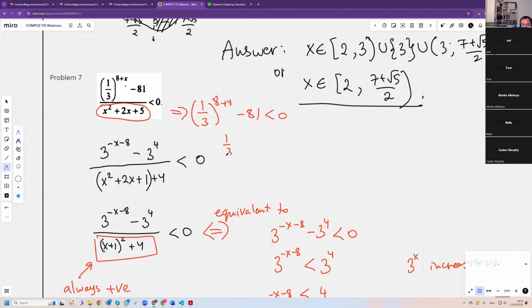So that means 8 plus x has to be greater than minus 4. So x has to be greater than minus 12.